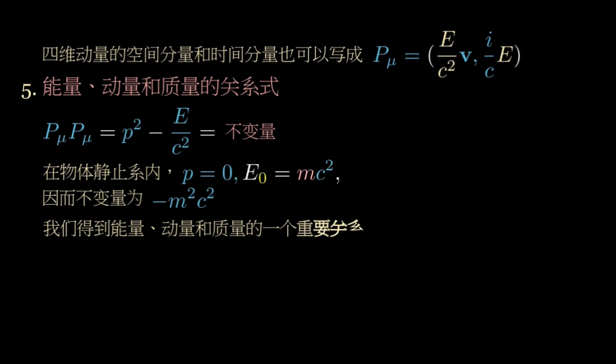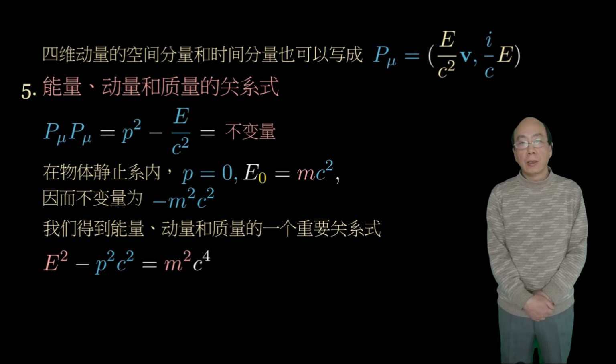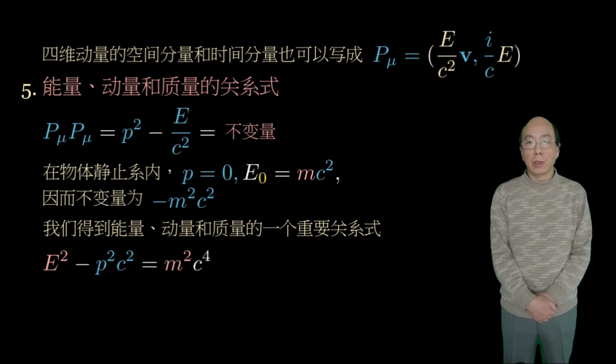We get an important relationship between energy, momentum, and mass. The energy and momentum here are conserved, but the mass is a constant item, and the mass is no longer conserved. In the special theory of relativity, we only use one mass in the calculation of all mechanical processes, which is the mass of Newton. There is no need to quote the concept of relativistic mass.